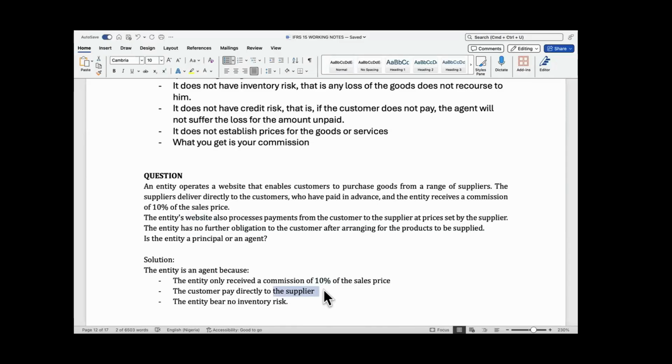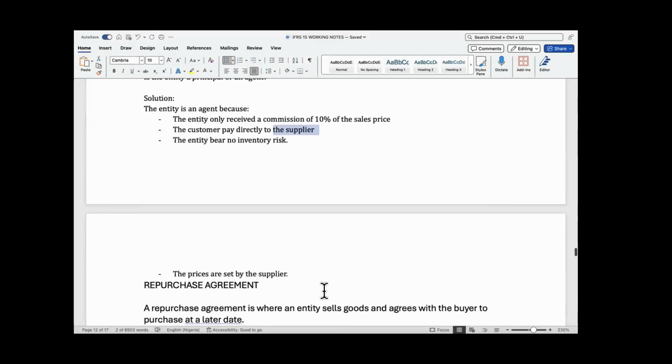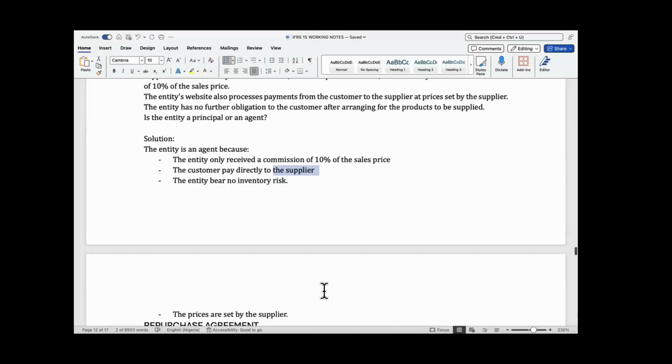You don't have control over the money. And from the question, we saw that you don't even bear inventory risk. If anything should happen to the product, it is the supplier that will bear it. So you are just a middleman, an agent, and what you recognize is just your own commission. So you need to know these characteristics.